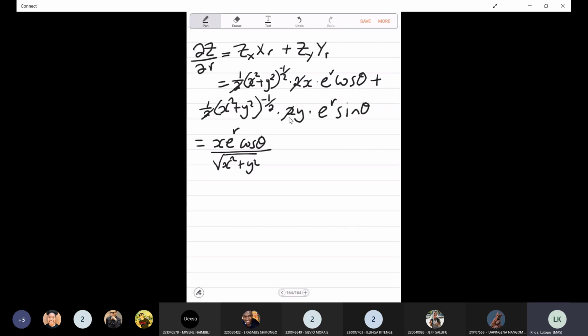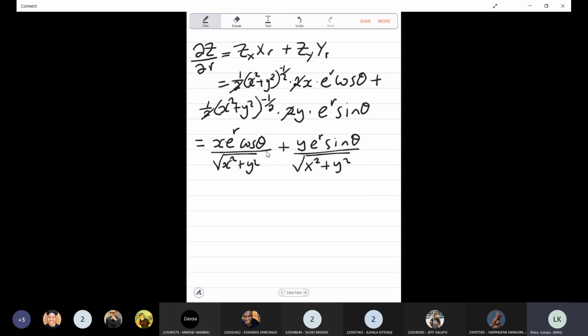And then for the second one, we're left with y e to the power of r sine theta over the square root of x squared plus y squared. So we can see here the square root of x squared plus y squared is a common denominator.